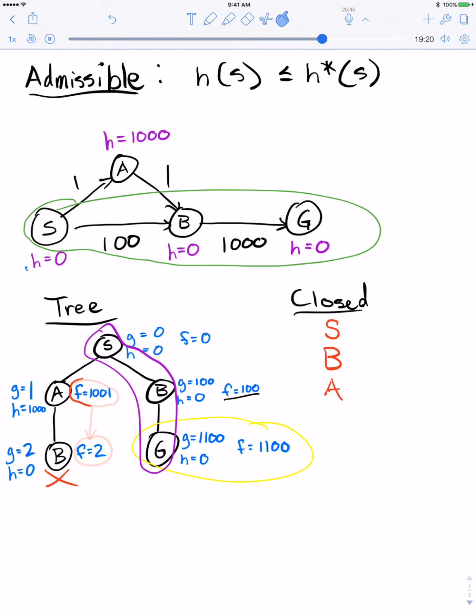We have 1001 at A and 2 at B. Going forward in that path decreased the F value. And we can see that F equals 2, that really ideal node we would have liked to expand earlier, was blocked off, kind of walled by that one node in the middle where the heuristic was way higher than it should have been.